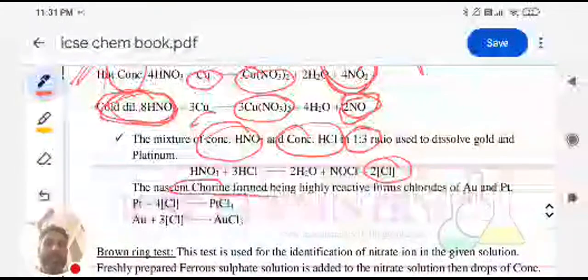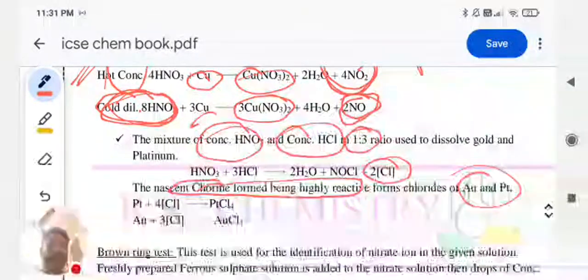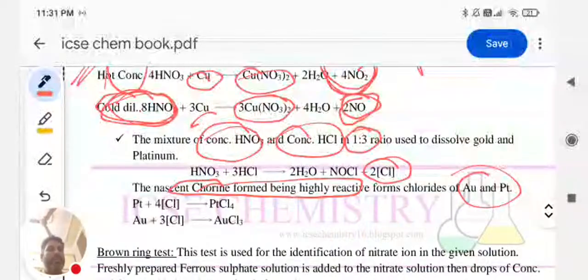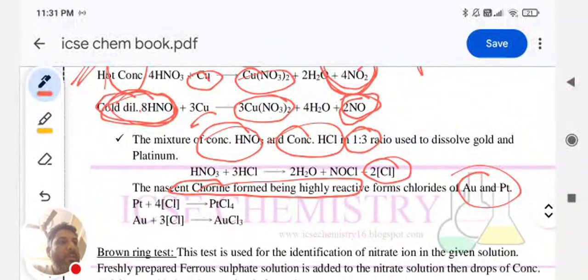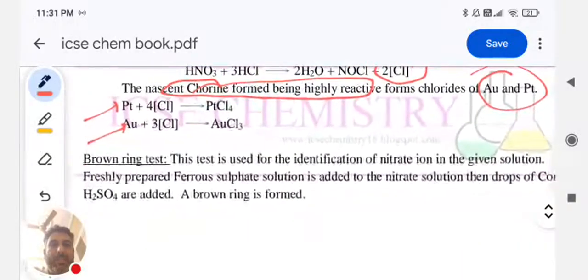Nascent chlorine can oxidize noble metals like gold and platinum, and they form their respective chlorides.